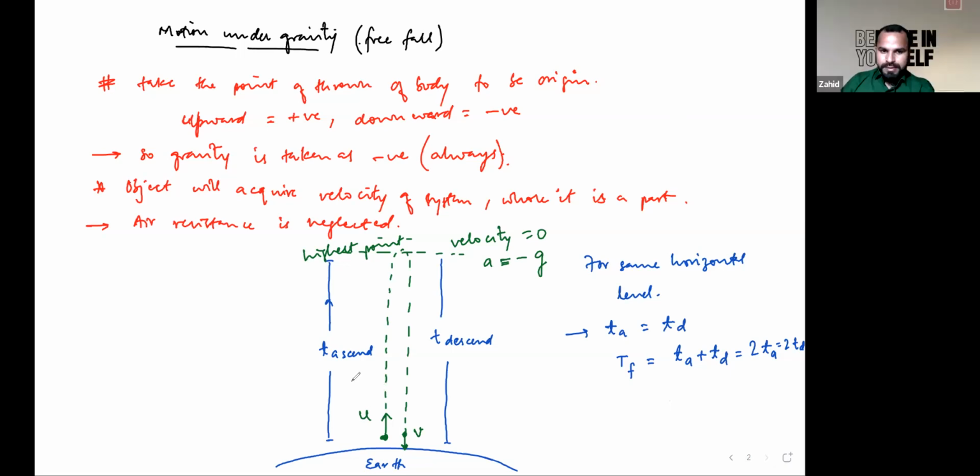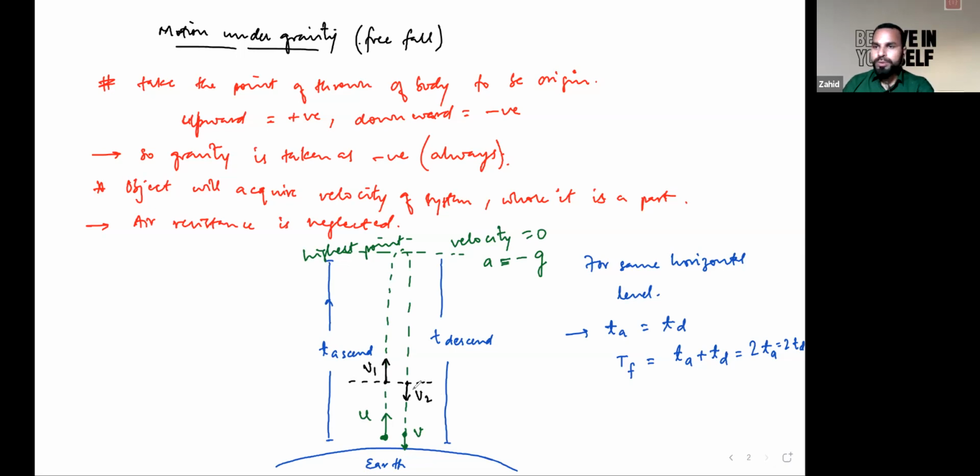Next is, at the same horizontal level, let's say at this point, if the object has velocity along this direction, let's say v1, and while coming down, it has some velocity, let's say v2. If air resistance is neglected, and if you are considering the same horizontal level, then these two velocities must be equal.